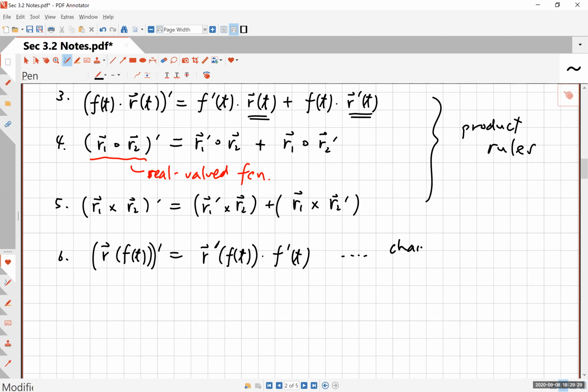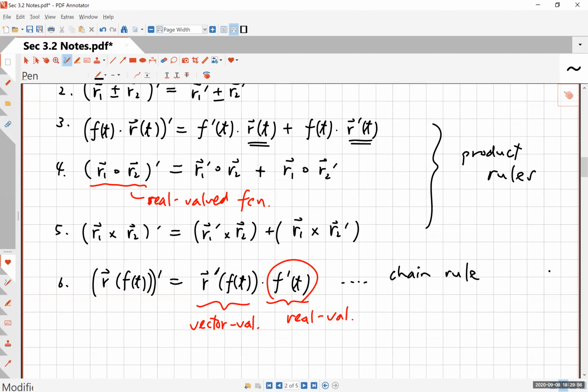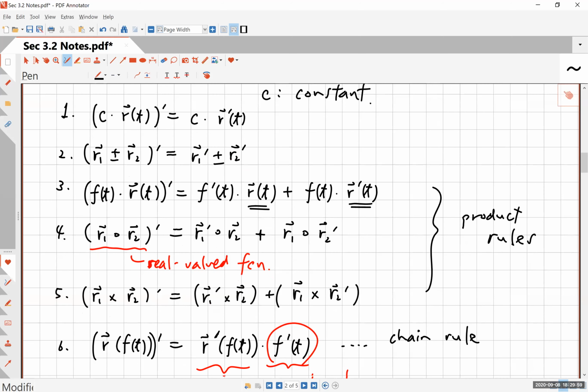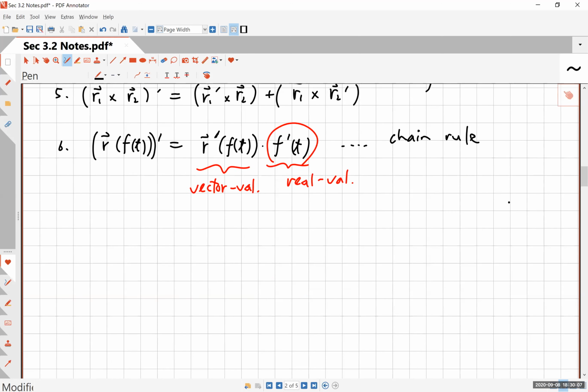Okay, so this is the chain rule, another version of what we learned as a chain rule. Notice here, this is real valued. This part is vector valued. And so this is really a scalar. You should write this first, maybe, right? This is a scalar, this is a vector, and the result is a vector valued function. So this is sort of like the chain rule. Everything that you expect to hold true does hold true. I will be going over a couple of these things again in maybe a couple of sections later, but you should know these things.